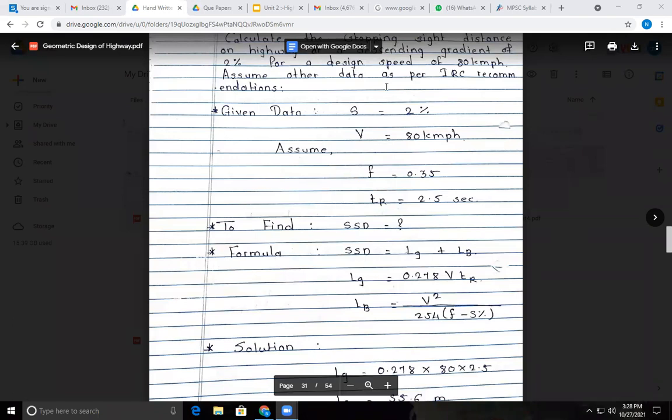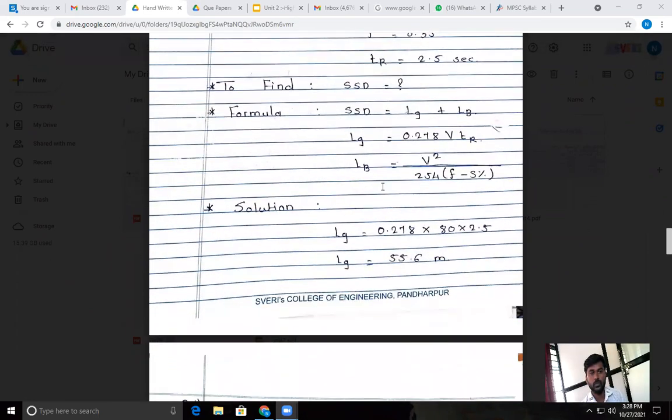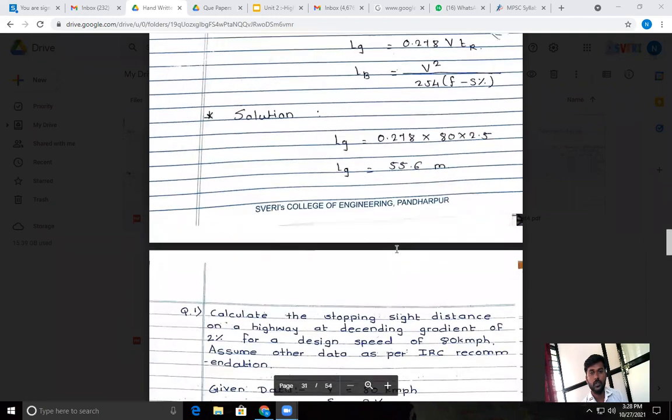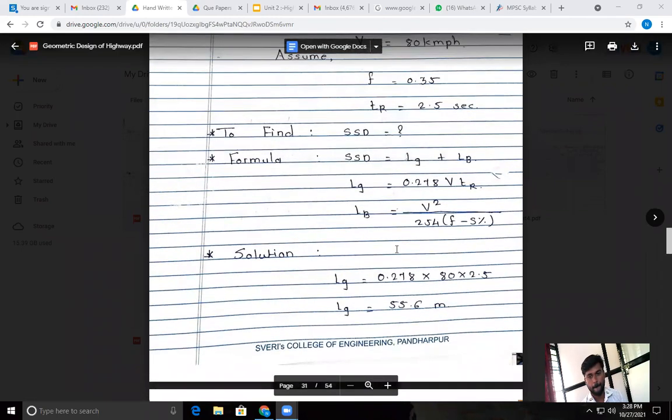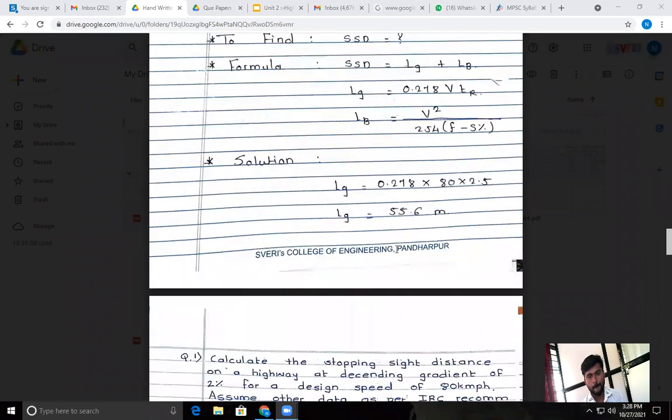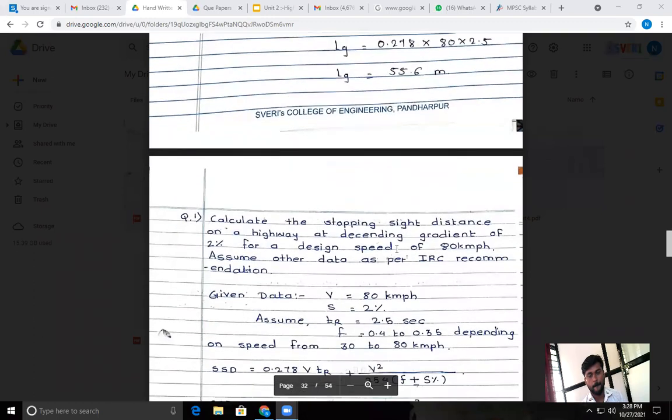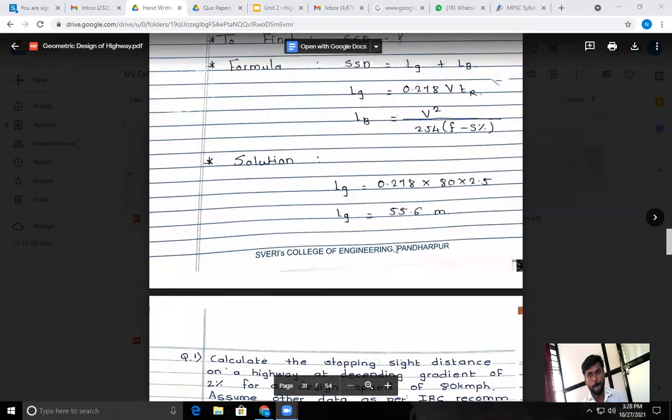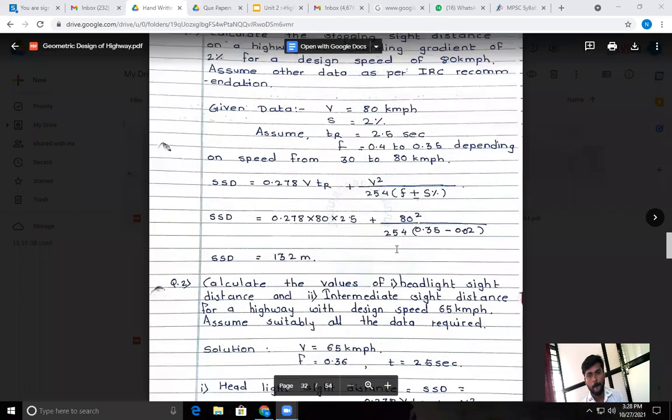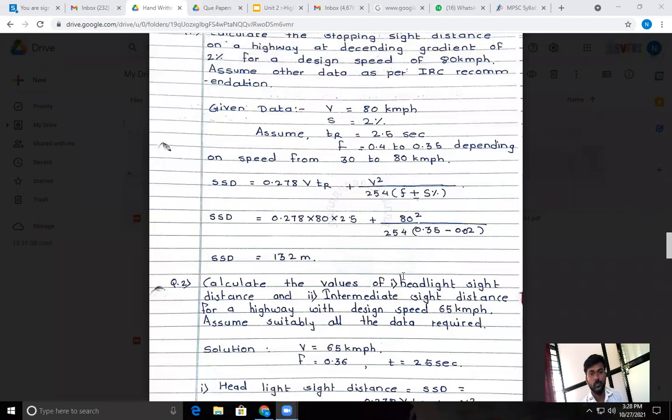Let us see whose answer is correct. So the lag distance. Let's see whether this value is correct.